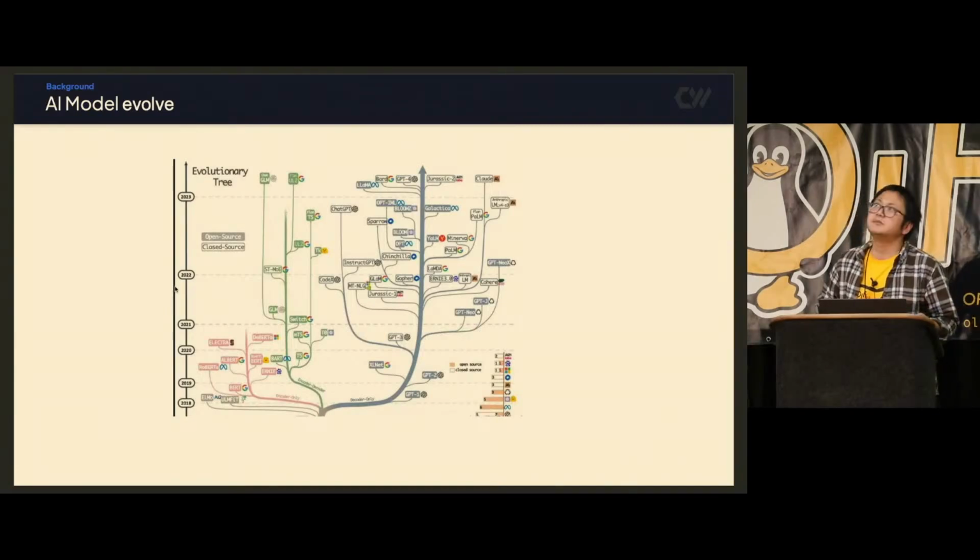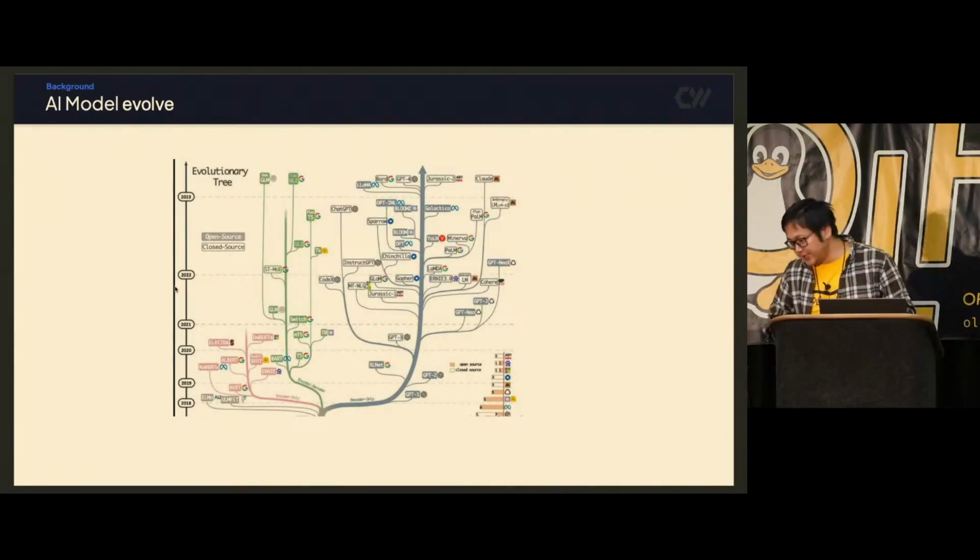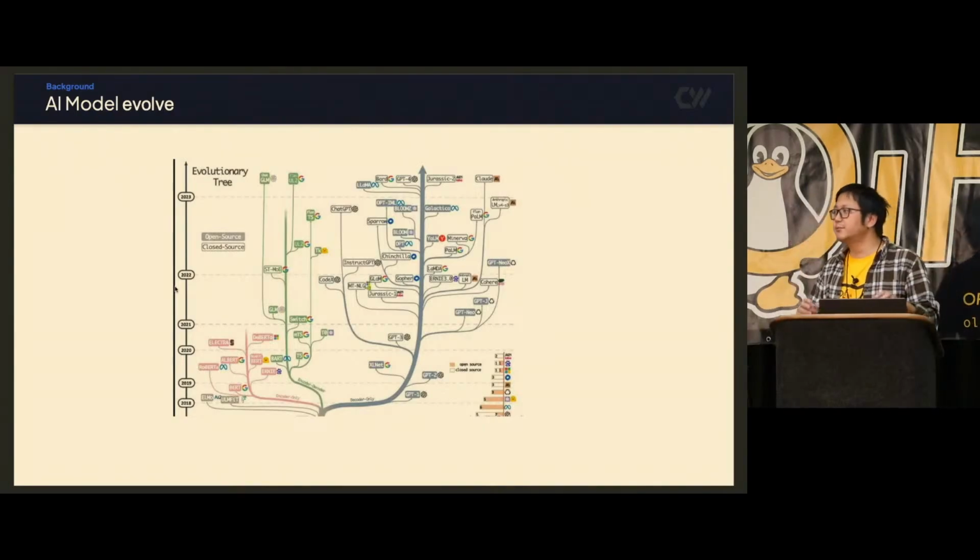Because the large language model actually has different modes to do that. Like on the left side, if you see the pink, there's an encode-only mode. There's also a decode-only mode, and there's also the encode and decode mode. We can clearly see that the blue tree has survived quite well.